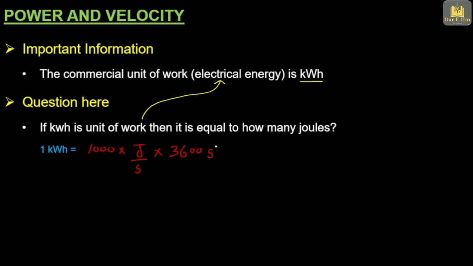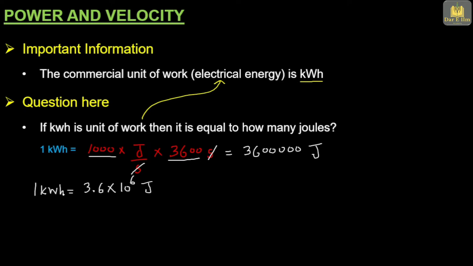By cancelling out this numerator second with this denominator second and multiplying this 3600 with this 1000, the result will become 3,600,000 joules. Converting it into scientific notation, the final result will become 3.6 times 10 to the power 6 joules. So we can say that 1 kilowatt hour is equal to 3.6 times 10 to the power 6 joules.